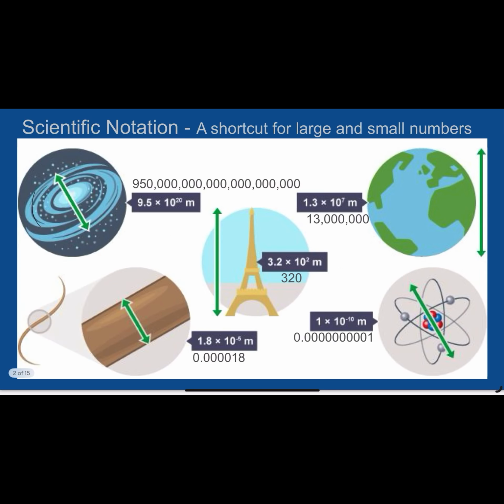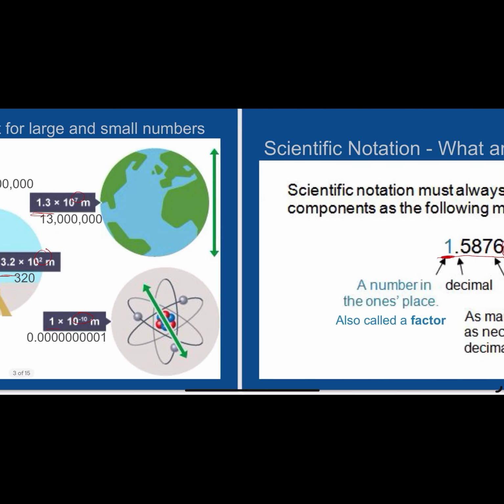If we go back and look at these different kinds of numbers, our really large numbers have positive exponents. Our really small numbers have negative exponents. So they can be either one, but those factors are all in the ones place, and then that times 10 across the board for everything, and then our exponent.